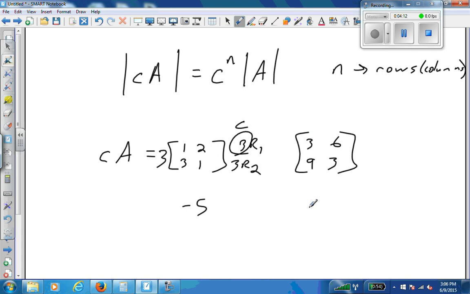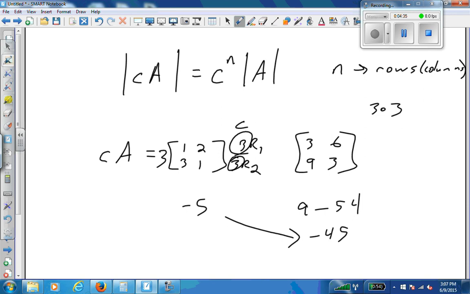That gives us 9 minus 54, which is -45. Notice we multiplied it by 3 and another 3. 3 times 3 is 9.